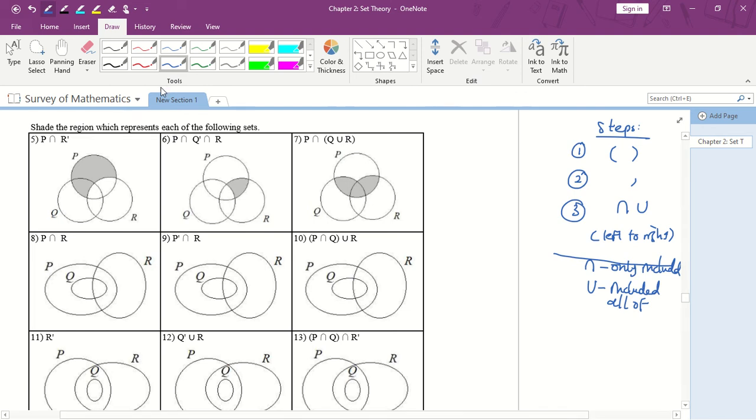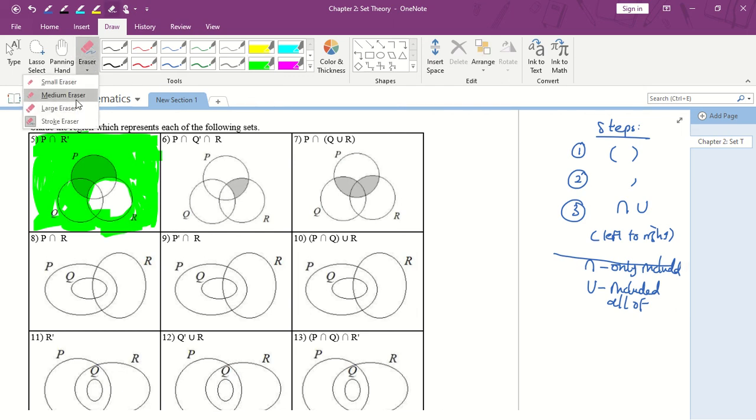R prime is the things that are not including R. So it means that it's within U, but it's not in R. So which means that it will be outside here. Remember that I didn't put the sign U, but U is here. The box is the U. Let me just erase. It shouldn't be inside R. And this is R prime.